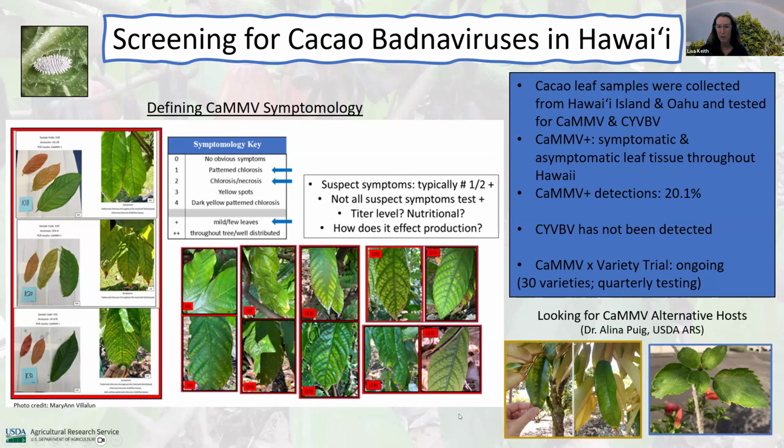So not only is it well distributed in cacao, and actually it doesn't appear to be doing anything to production here or really elsewhere, but things like hibiscus and durian can actually serve as an alternative host for the viruses. So if these are planted close to where cacao is planted, it is possible that these mealybugs can go back and forth and continue to spread the virus.